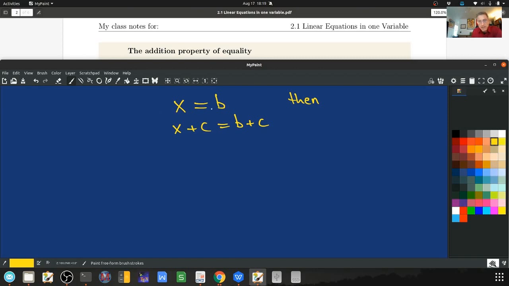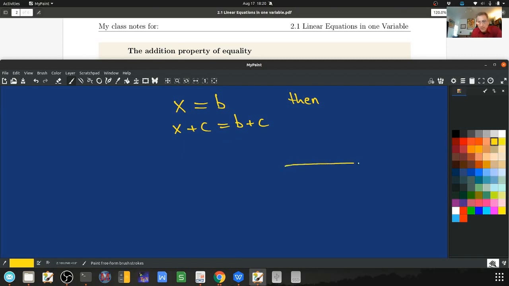So clearly x is equal to b is an equation, right? There's the very important equal sign. Without an equal sign, it's no equation, there is no solving. This states that x is equal to b. So for any real number c, x plus c will also be equal to b plus c. So I just added c to both sides.